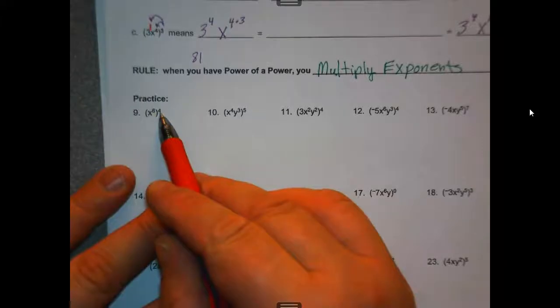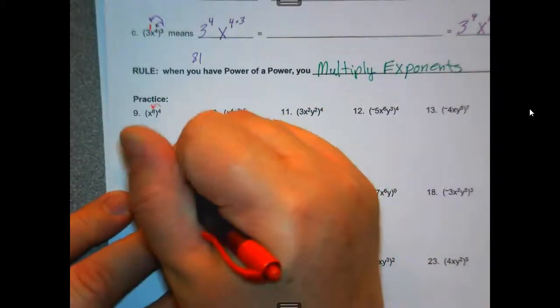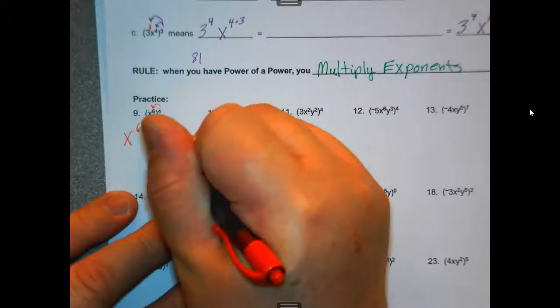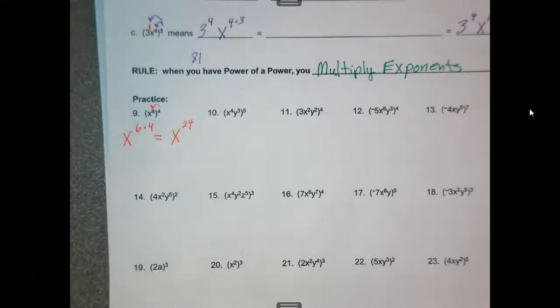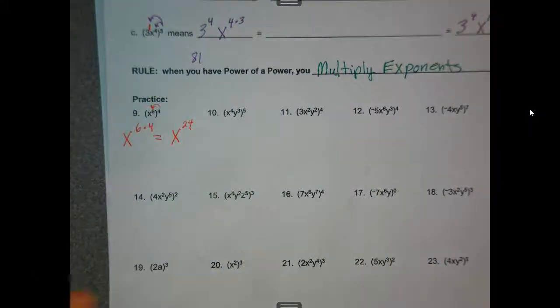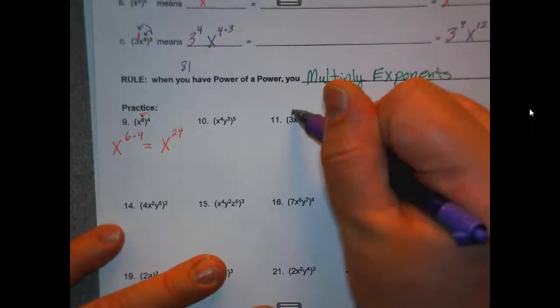Okay, number 9, I have a number outside parentheses, so I'm going to multiply the exponents. X to the 6 times 4 equals x to the 24th. Number 11, that 3 has an exponent of 1.